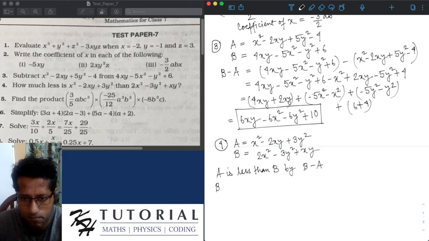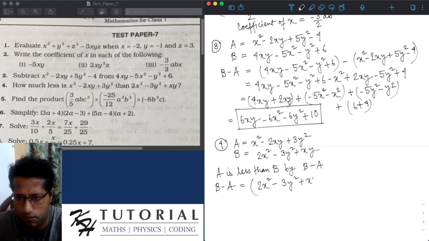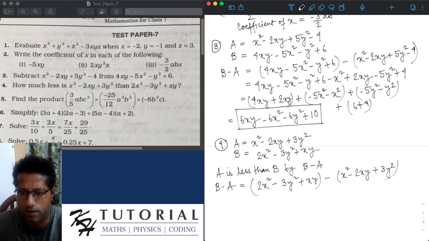So B minus A, it is better to use grouping symbols: (2x square minus 3y square plus xy) minus (x square minus 2xy plus 3y square). Now we have to simplify this algebraic expression.